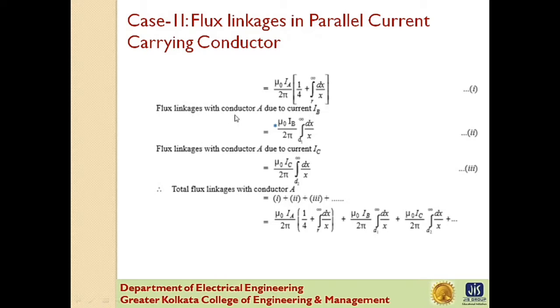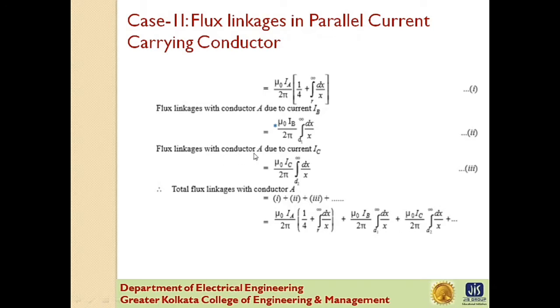Now the flux linkage with conductor A due to current IB is mu 0 IB by 2 pi integration from d1 to infinity dx by x. Here the internal term is missing because the flux linkage with conductor A is due to another conductor, so the internal flux linkage is 0.